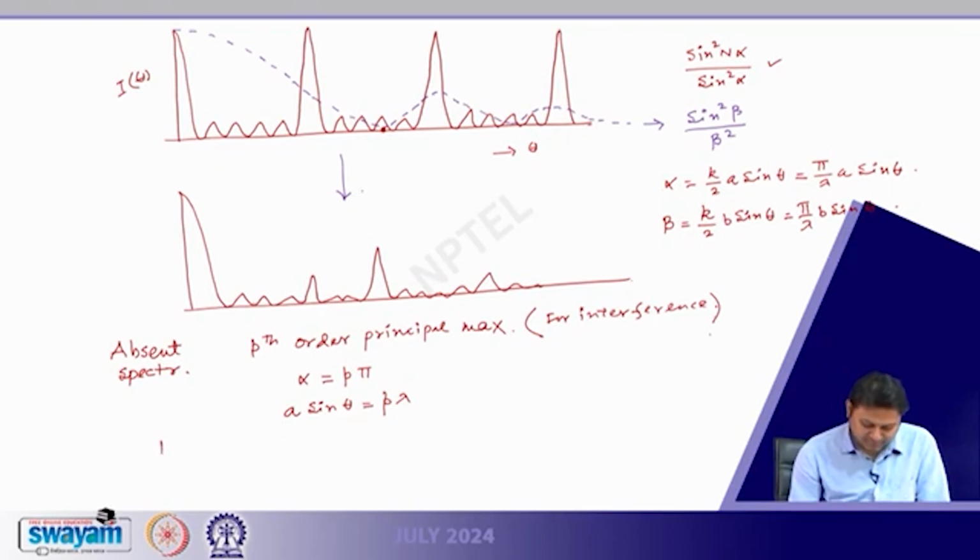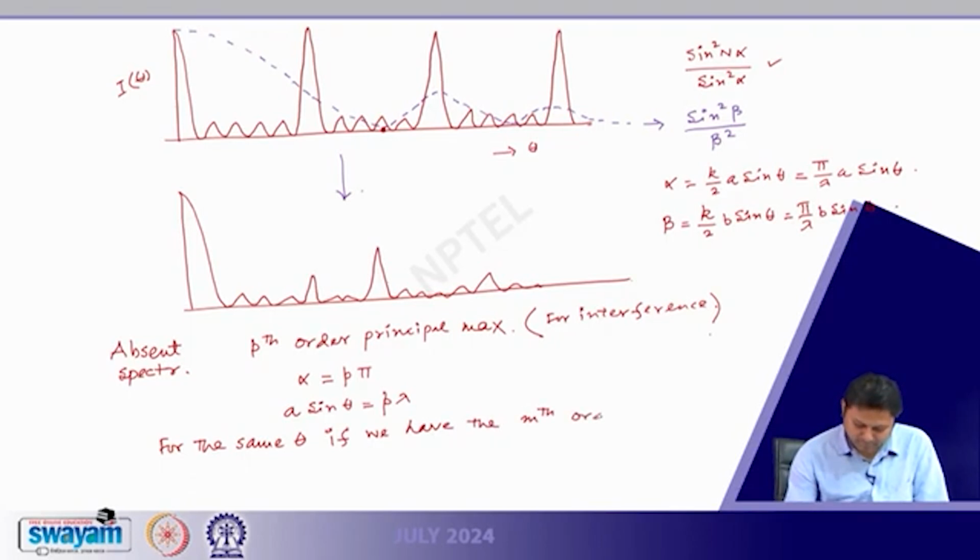Now for the same theta, if we have the mth order diffraction minima, that is coming for the term sin square beta divided by beta square.